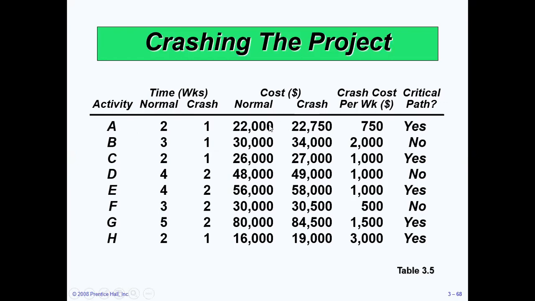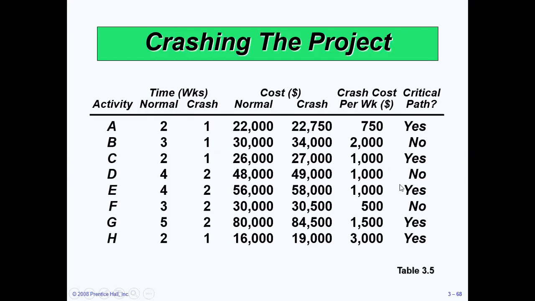Its normal cost was 22,000, but if we want to reduce the duration of this activity, then its direct cost will increase to 22,750. Similarly, the crash cost of activity B will increase by $4,000, from $30,000 to $34,000, and so on.